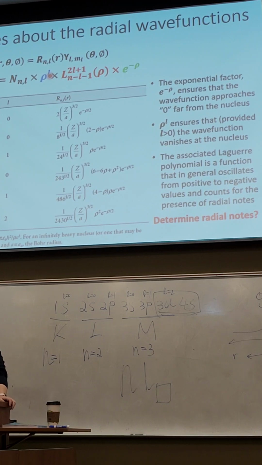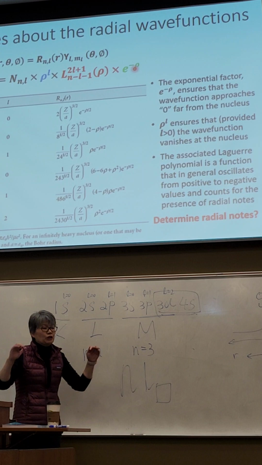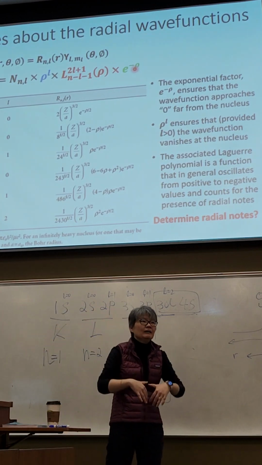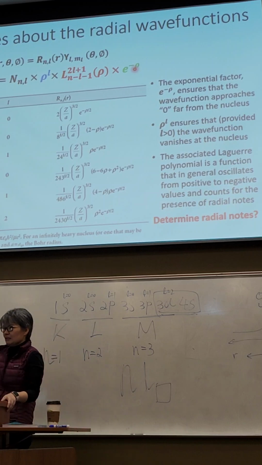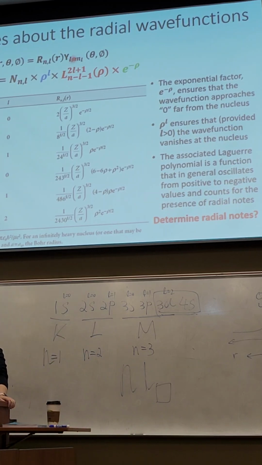Although the whole thing is super complicated, you know right away, this I don't have to consider, because it will never approach 0. So if I'm looking for nodes, where the function not only goes to 0 but passes through 0, you need to set it to 0. So the only thing that can be 0 to start with is this polynomial term.